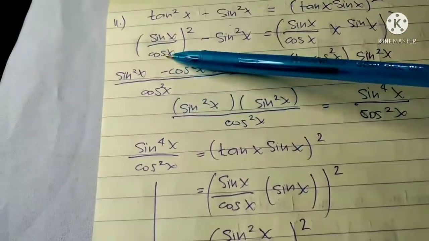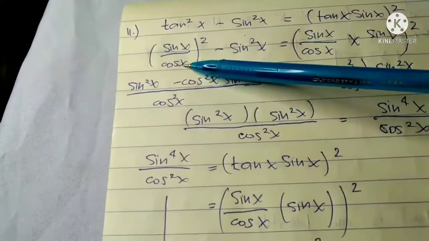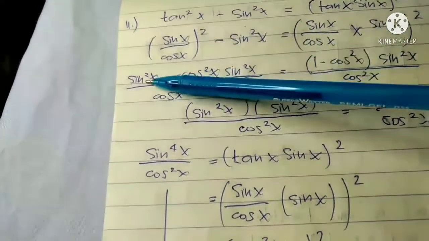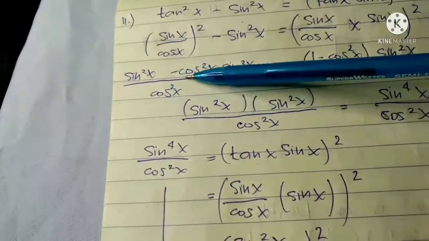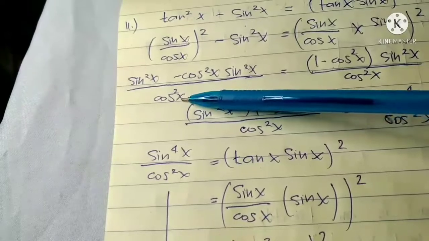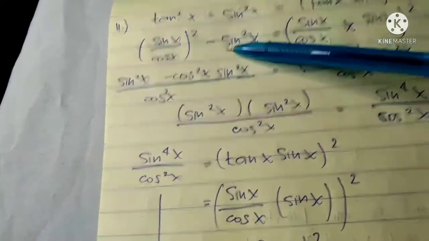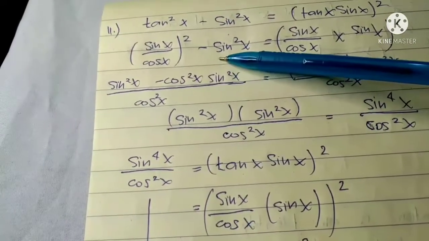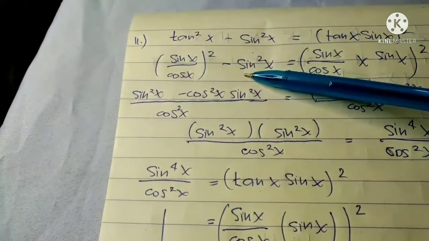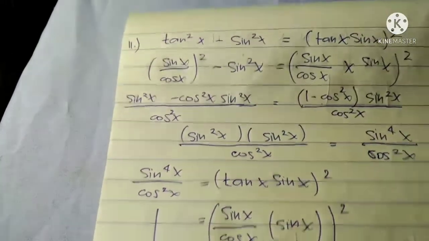The cosine squared x divided by cosine squared, because we have squared here, times sine x, is equal to sine squared x minus cosine squared x multiplied by sine squared x. So we get cosine squared x times sine squared x.